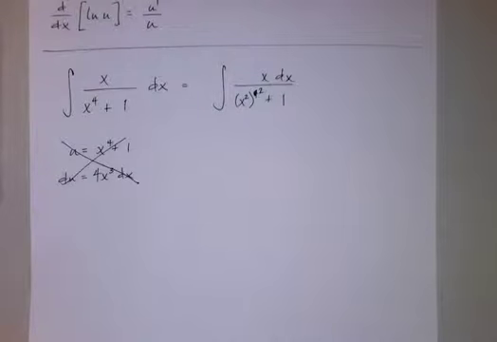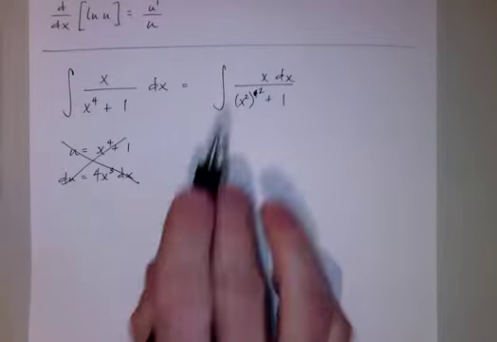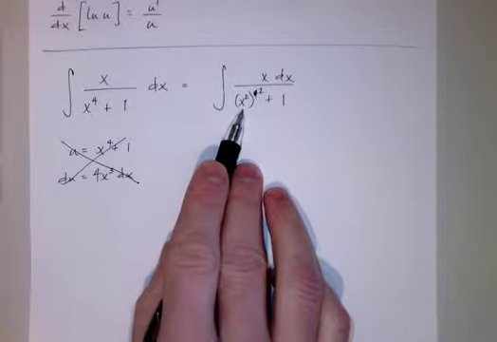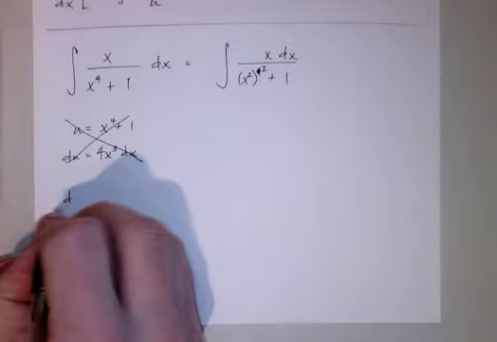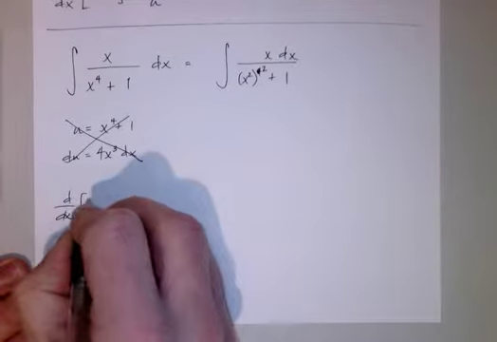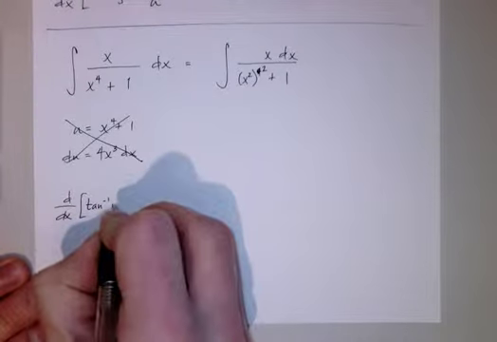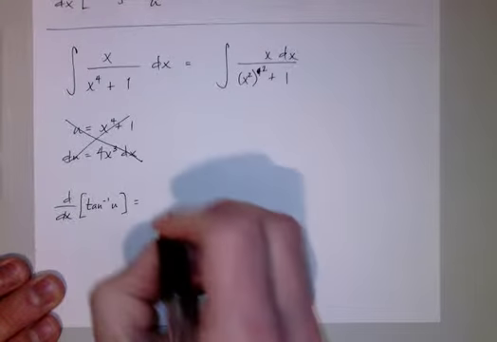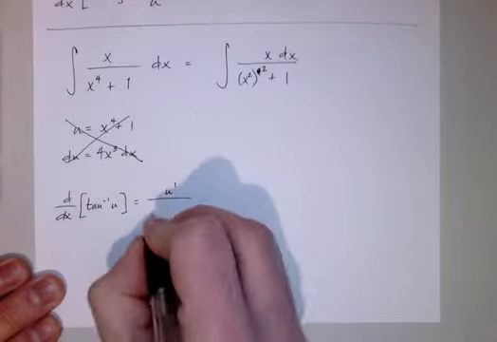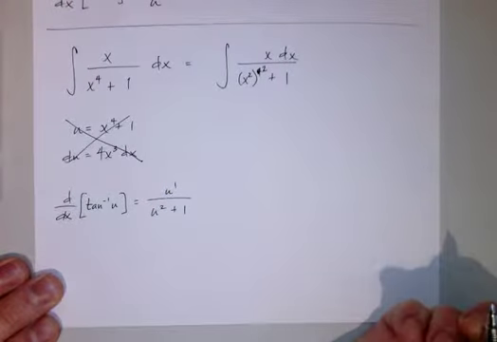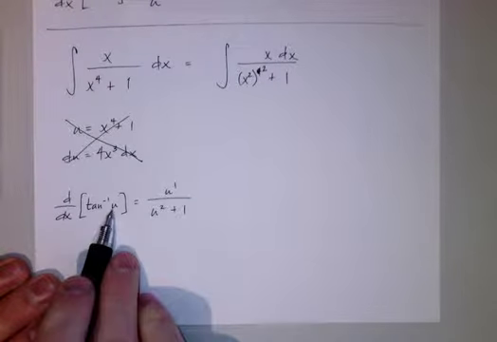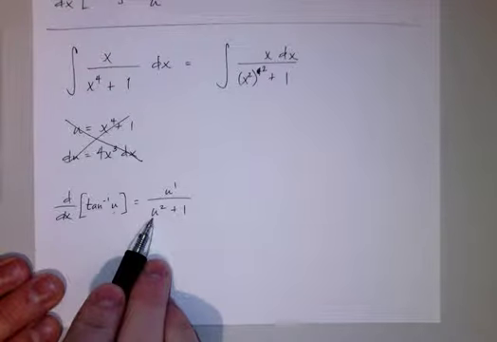Now, if I'm dealing with arctan, my candidate for u is not the whole denominator, it's whatever's being squared right here, right? Because if I'm dealing with the derivative of arctan u, remember that winds up being u prime over u squared plus 1. So the inside of the composite function, the g of x, is what winds up being squared right here.